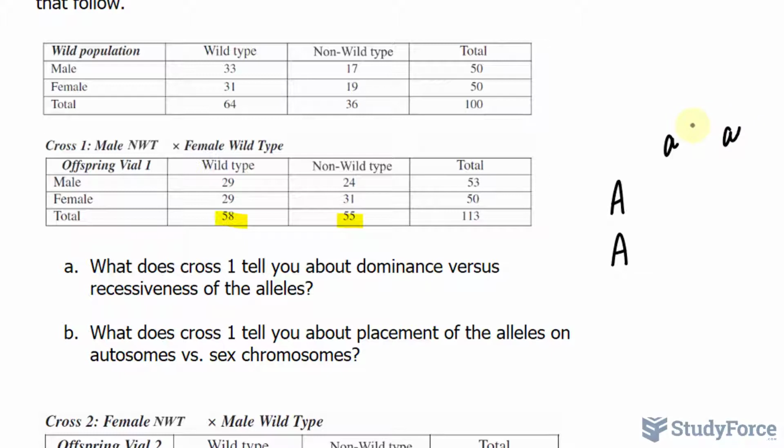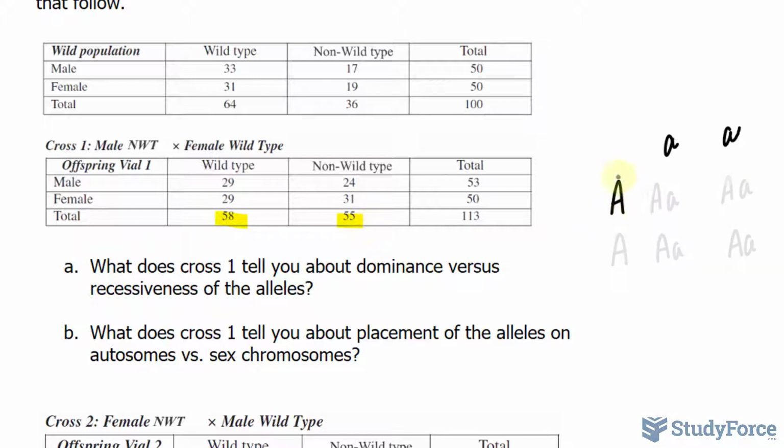Now if we do a cross here, we'll end up with offspring that are heterozygous. So according to this cross, all of the offspring would have the wild type phenotype, since they're all capital A. But clearly we don't see that happening.